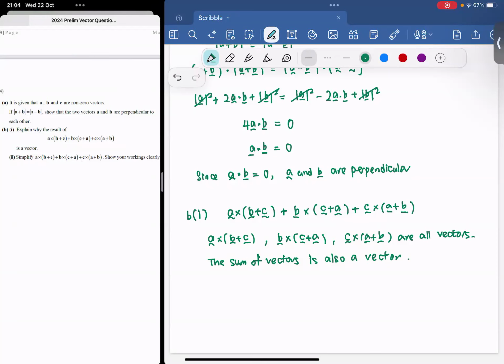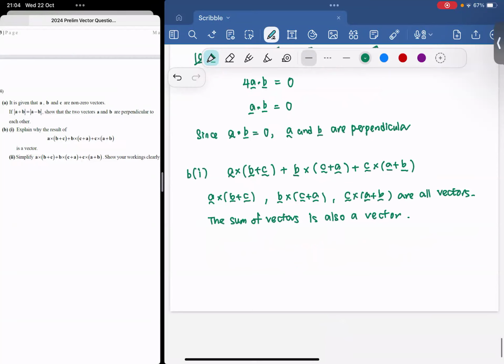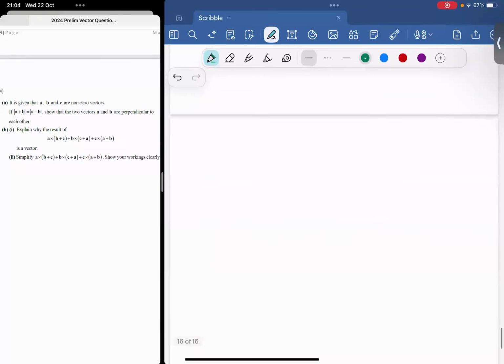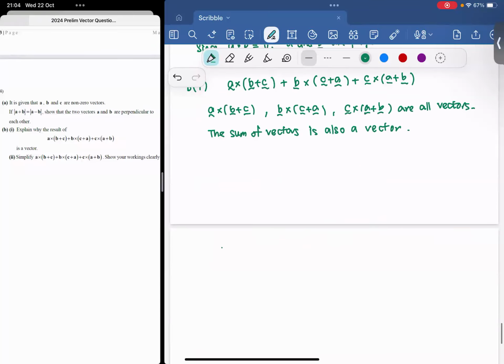B part 2, simplify that. So what you can do is just expand the thing.